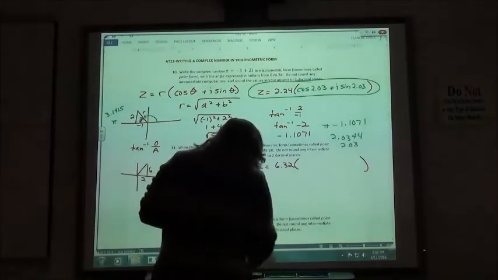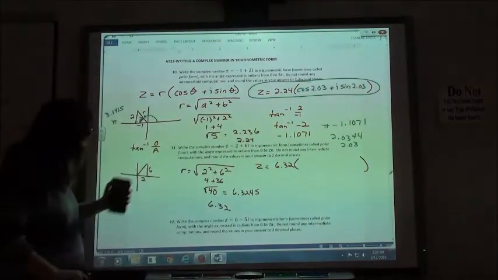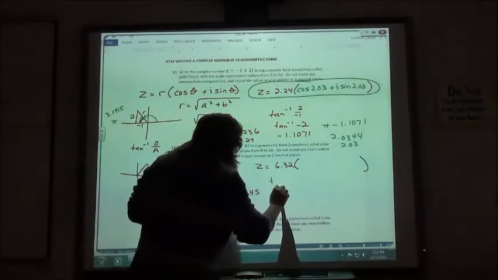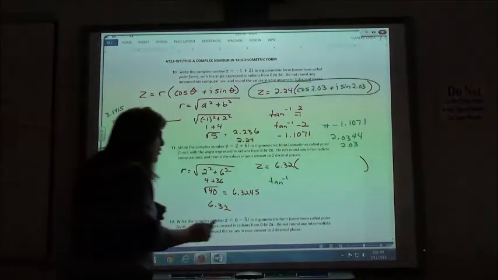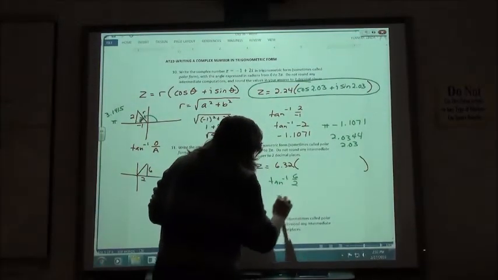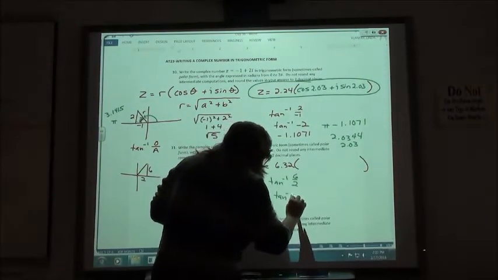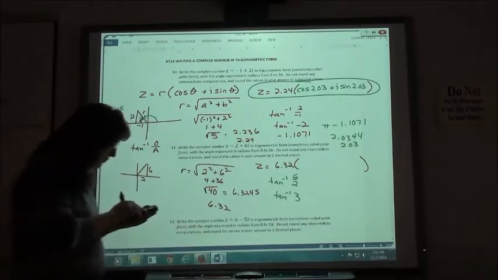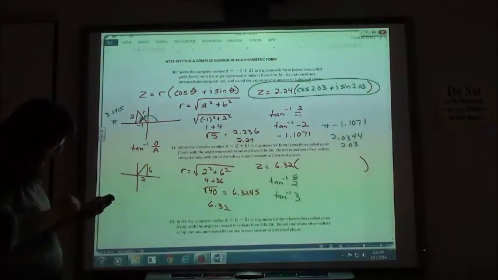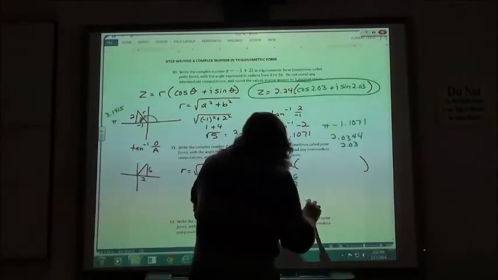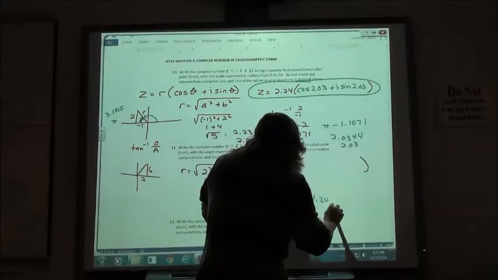For the rest of my problem, I'm going to use the inverse tangent. So inverse tangent of the opposite over the adjacent, so 6 over 2. So inverse tangent of 3. My calculator's in radian mode. Shift tangent of 3 gives me 1.249.